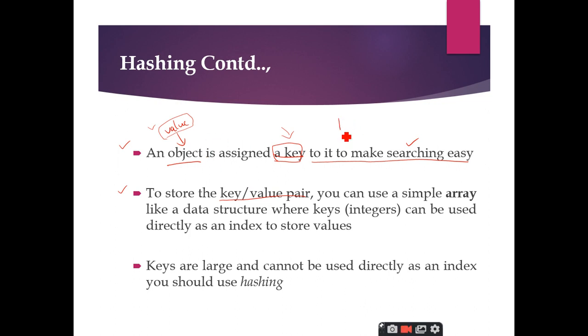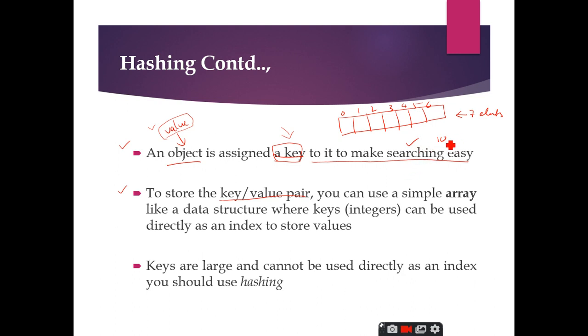So for example, can I make use of arrays for this key value concept? What is the index range of this particular array which I have drawn here? It starts with 0 and ends with 6, so the total size of the array is 7 elements. For example, I want to insert an element 10.